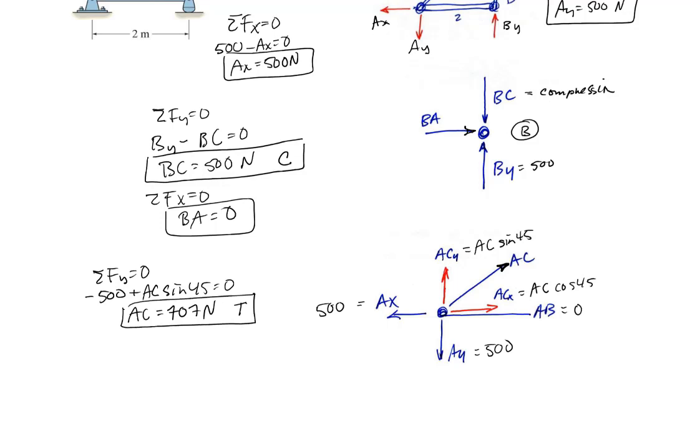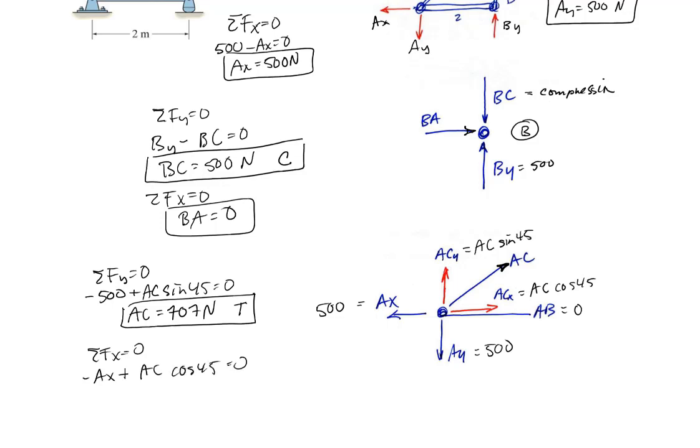Now I can also double check my work if you wish. I've solved for all of the joints. I've solved for all of the members, but I can double check this by doing sum of the forces in the X is equal to 0, just to see if I did it right. In the X direction, I have minus Ax plus AC cos 45 is equal to 0.